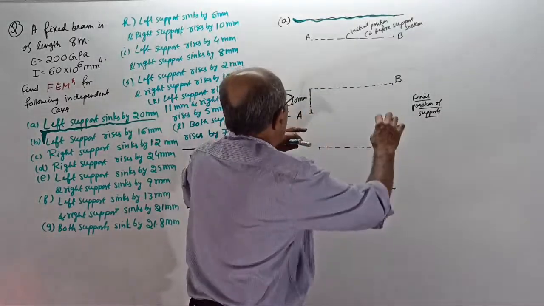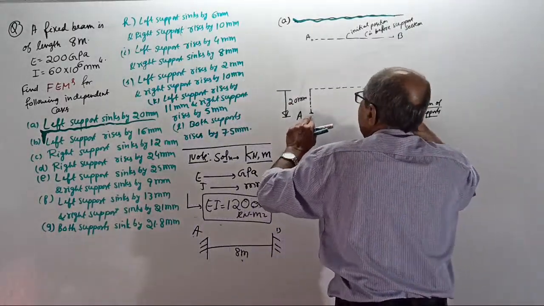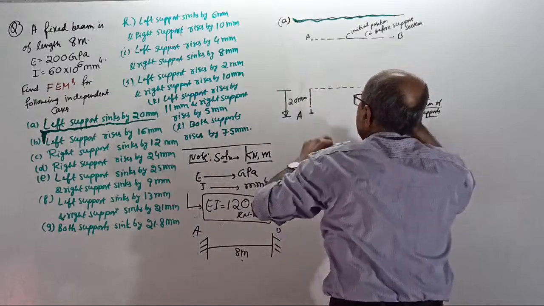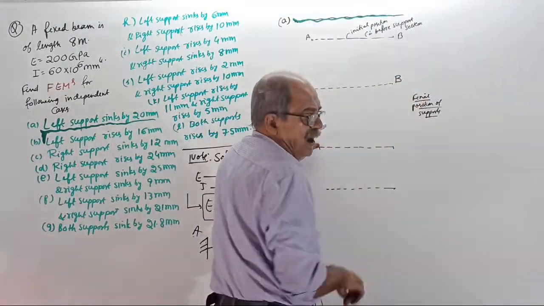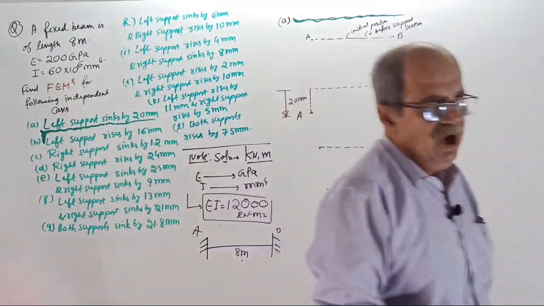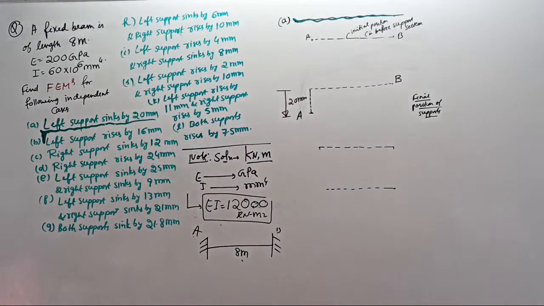Tell me. If you stand at B, you can tell A is below by 20. Suppose I stand at A, what will you tell? B is what? Below or above? If I stand at A, you can tell support B is below or above. Both have the same meaning. It is above.